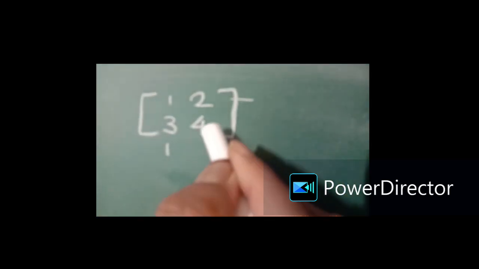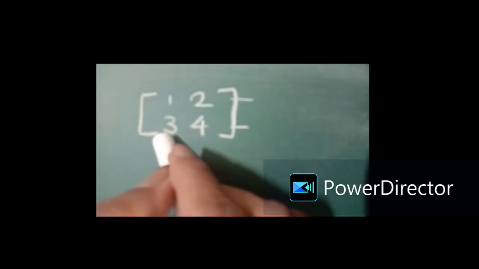So let me again take into consideration the matrix 1, 2, 3, 4. So you know now these are the rows and these are the columns. So this is a row, this is a column, this is a column. So R1, R2, this is C1 and this is C2.